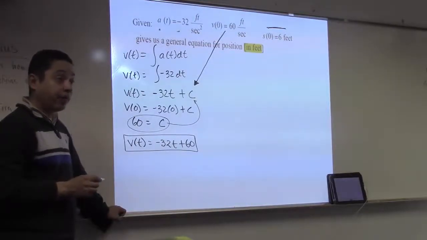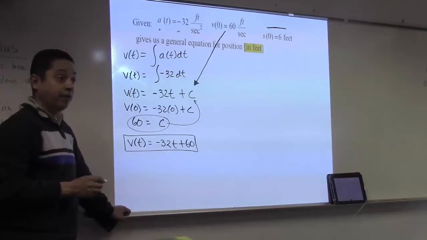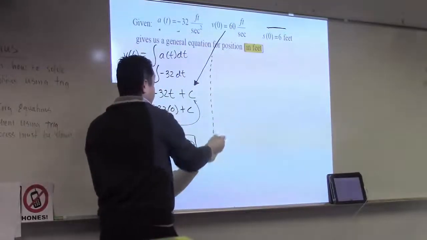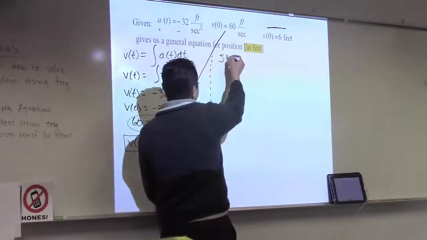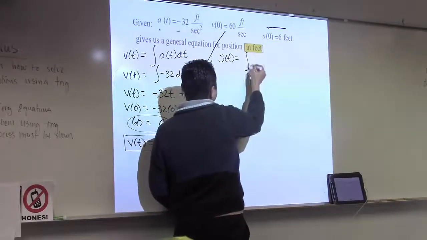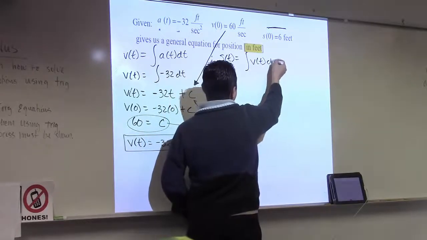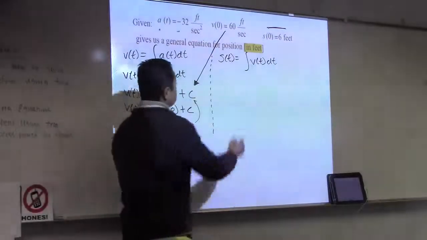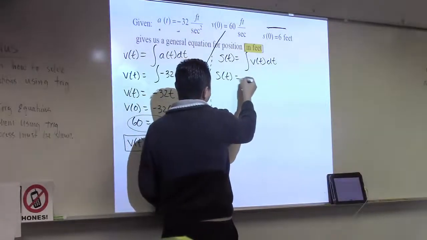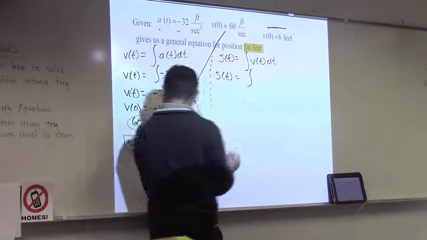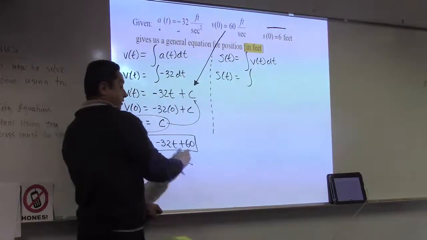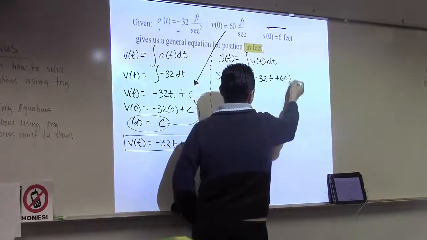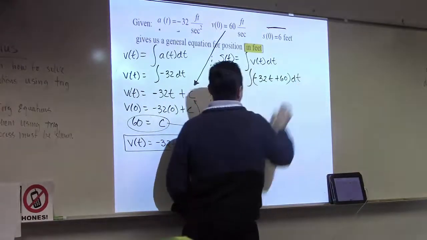Now we're going to go through the same process and figure out what s of t is. s of t equals the antiderivative of v of t dt. So s of t equals the antiderivative of, I'm going to replace my v of t with (negative 32t plus 60) dt.